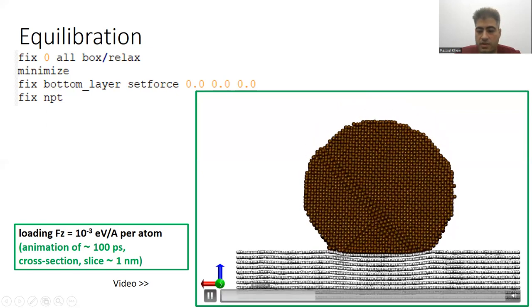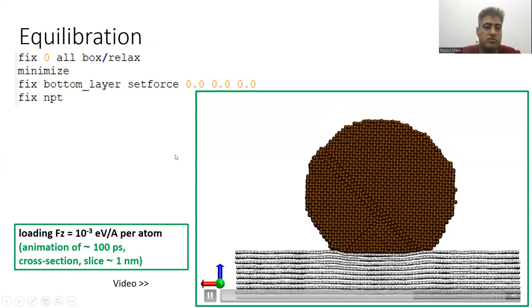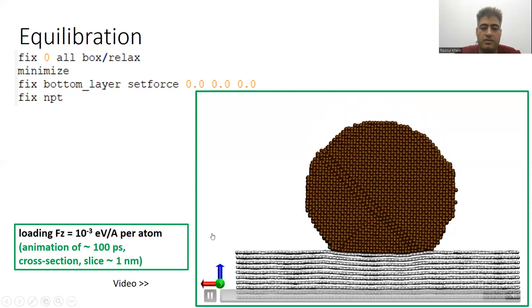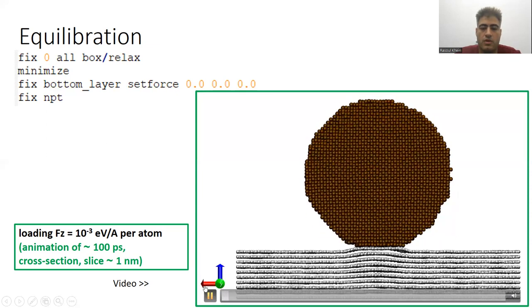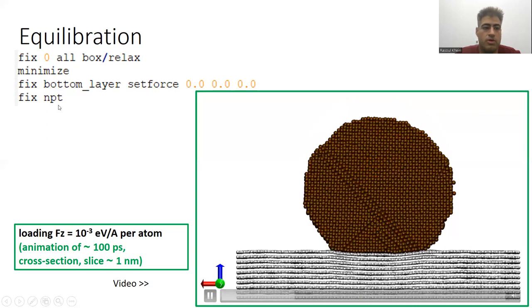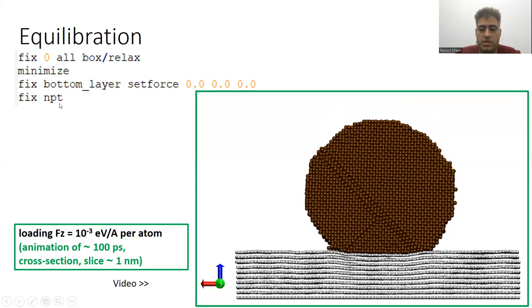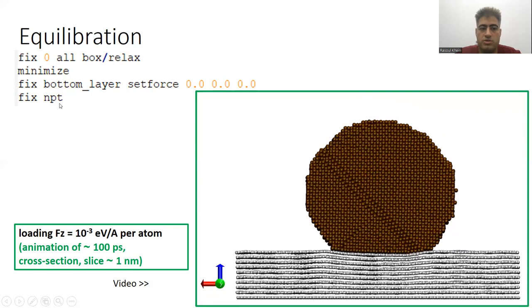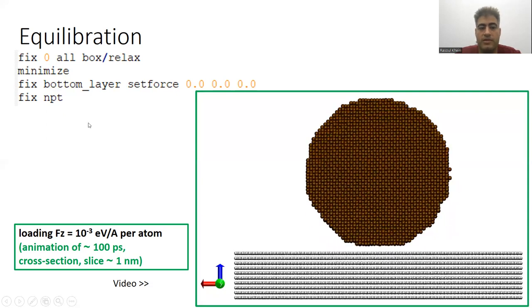We set the bottom layer frozen, and the most important part is NPT, a barostat at constant pressure for our system. So far we have an equilibrated system with a normal load applied to it.